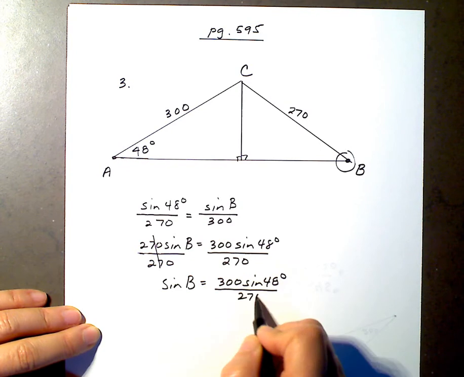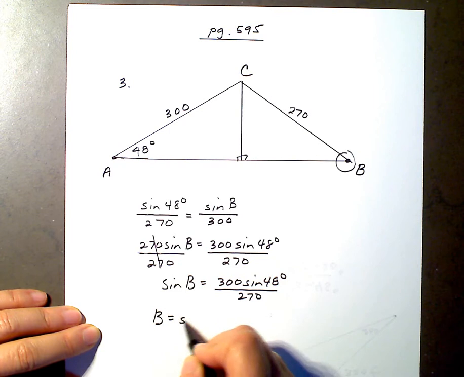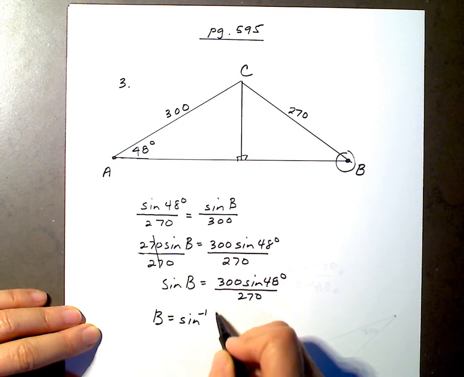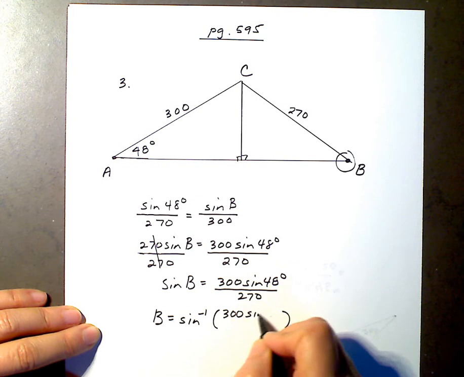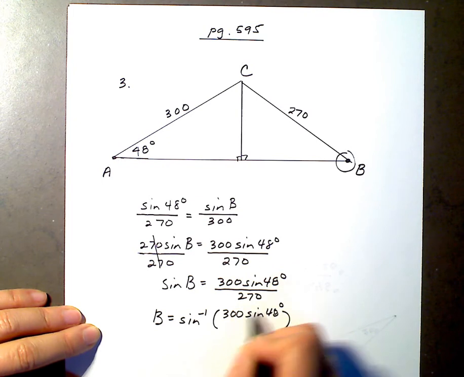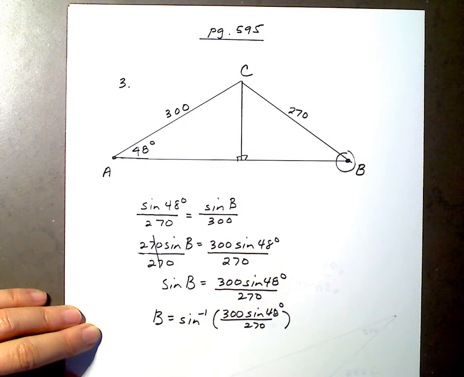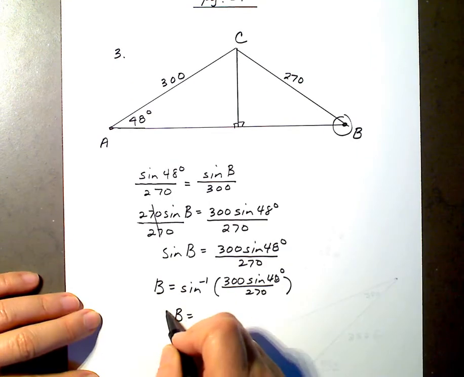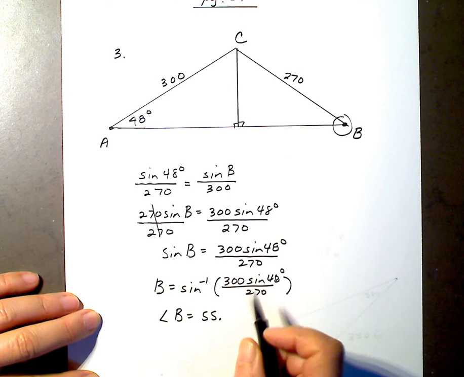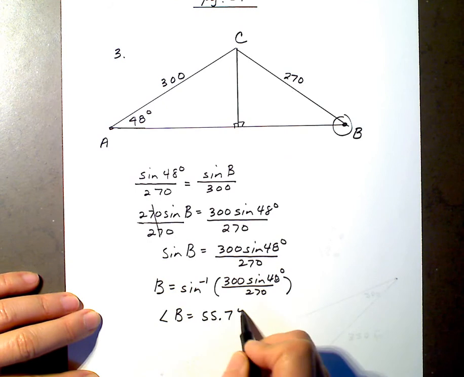So B is the inverse sine, or the angle that corresponds to that. So I'll get that angle B is 55, and to the nearest tenth of a degree, 55.7 degrees.